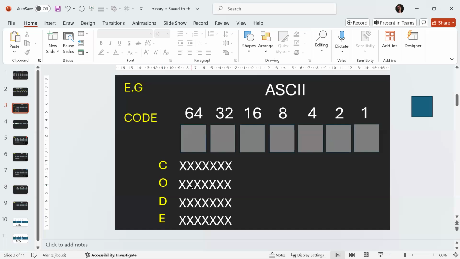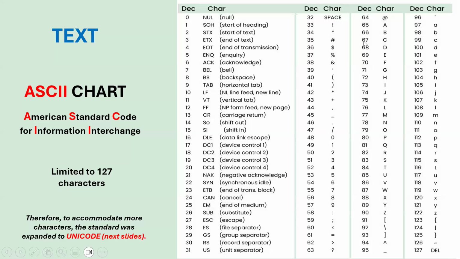So C, O, D, E. This is capital letter C, capital letter O, capital letter D, and capital letter E. Let's go to the ASCII table. Capital letter C, follow me here. You can see that C is 67.